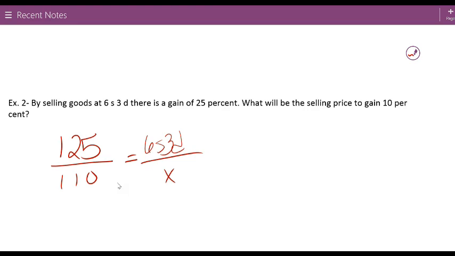We're just going to be, again, using our rule of 3. So second term times third term, and I'm just going to leave it in shillings and pence for now, because it'll be easier to work with later.